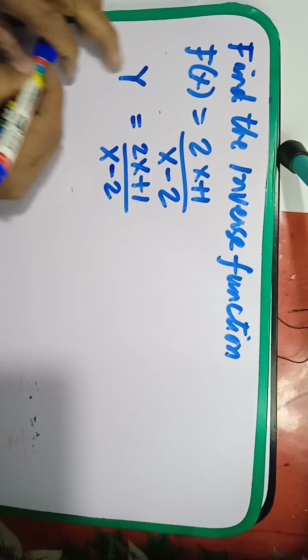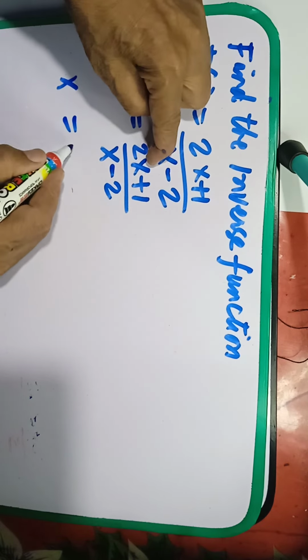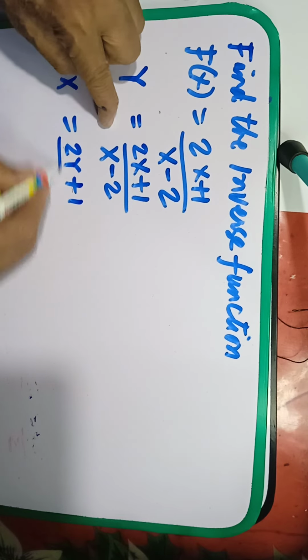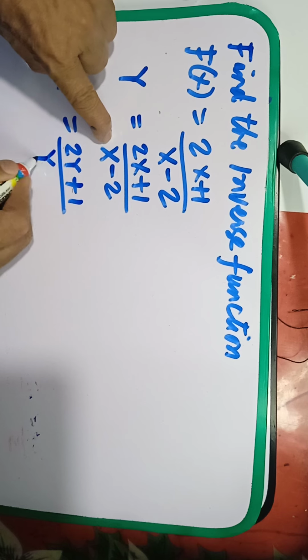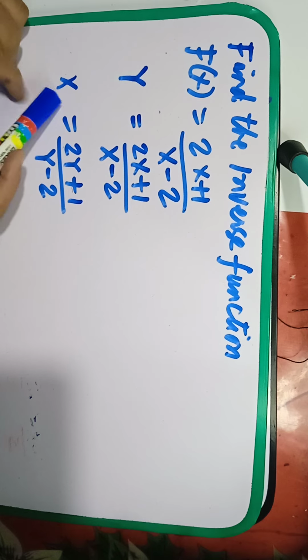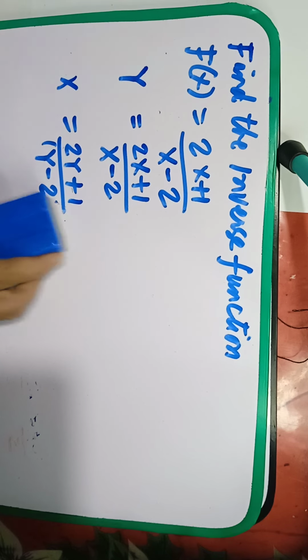We change y to x and x to y, so x equals 2y plus 1 over y minus 2. In this case, we will not use the commutative property because we will cross multiply this one, y minus 2 to the x in the left side.